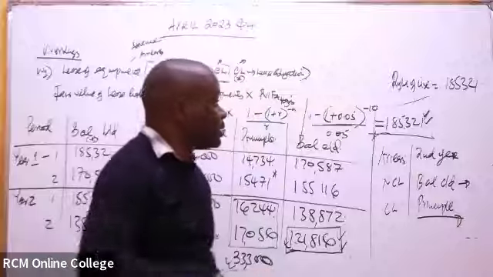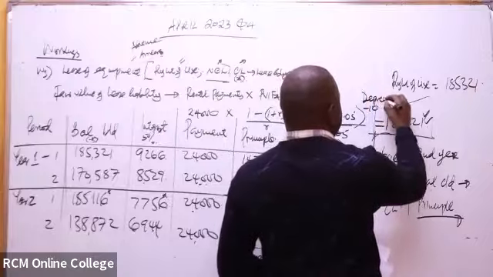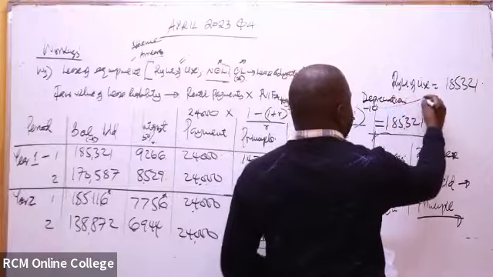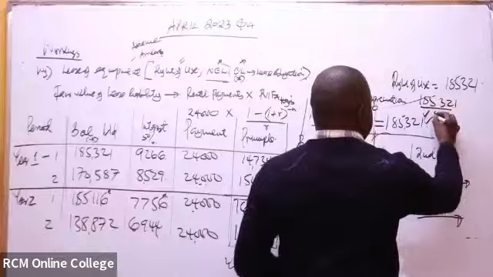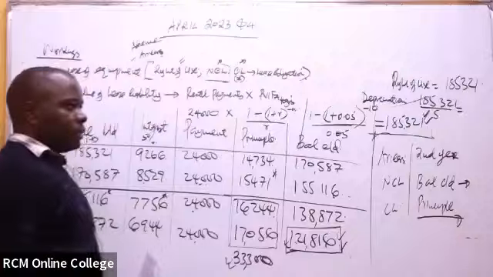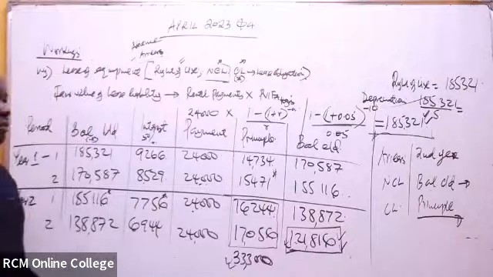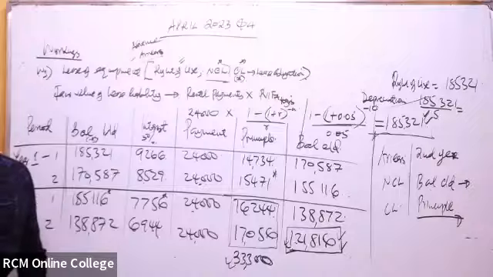So therefore the depreciation will be 185,321 divided by 5. What do you get? Another class is waiting.